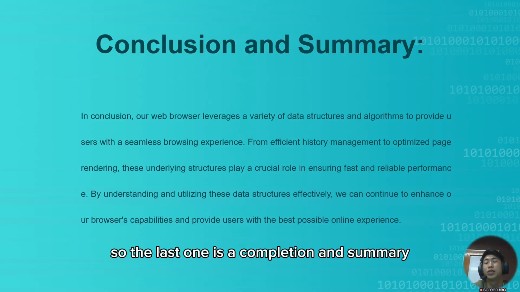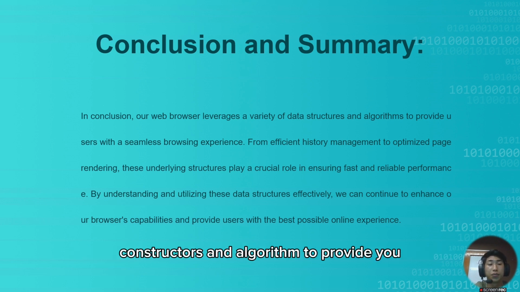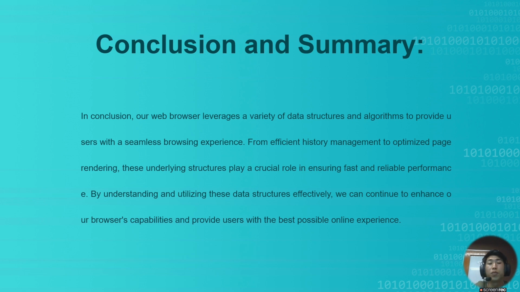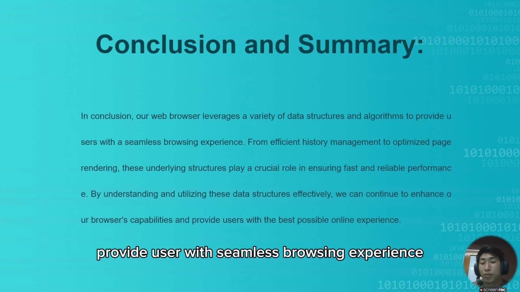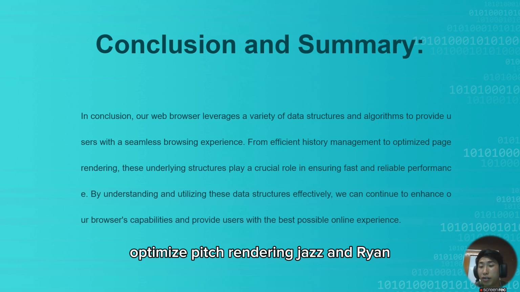So the last one is the conclusion and summary. In conclusion, our web browser leverages a variety of data structures and algorithms to provide users with a seamless browsing experience, from efficient history management to optimized page rendering.